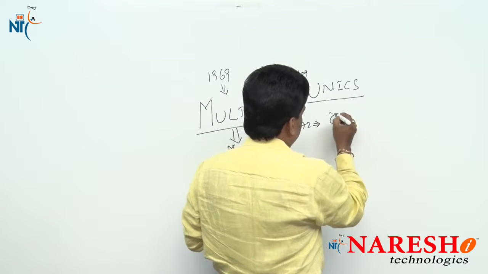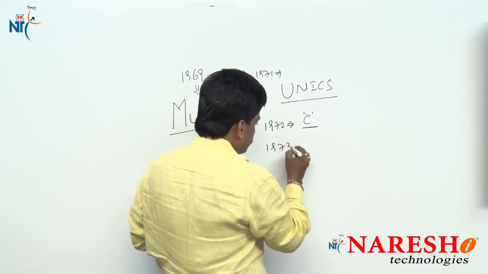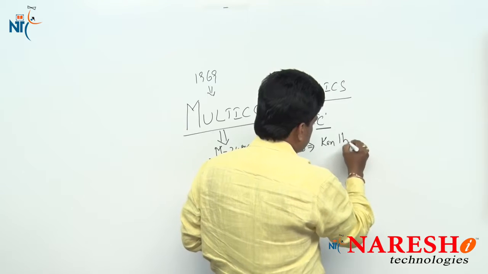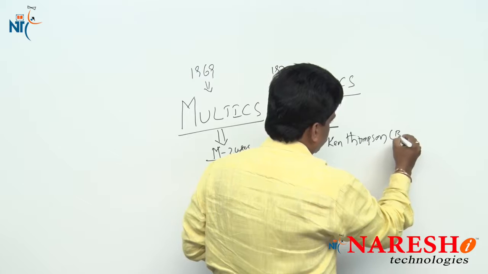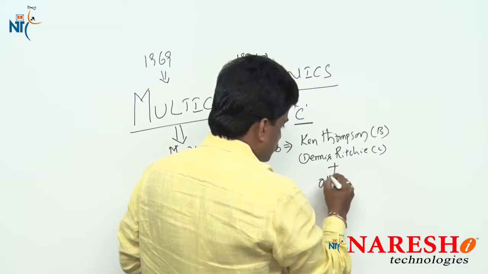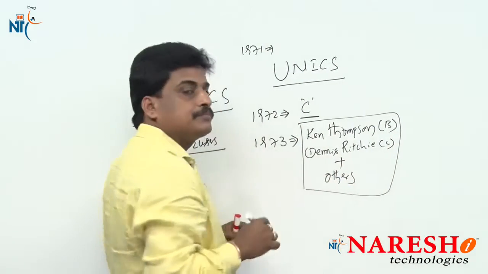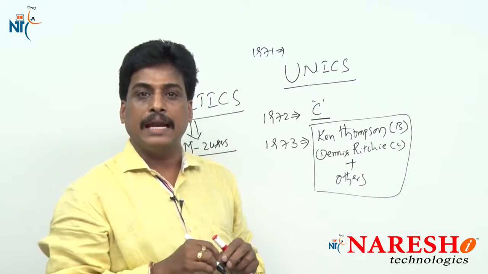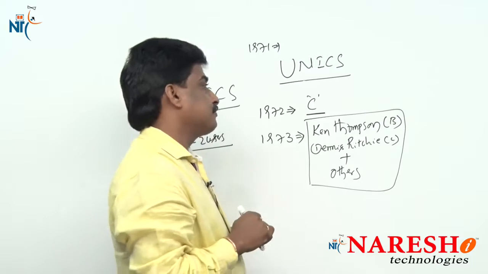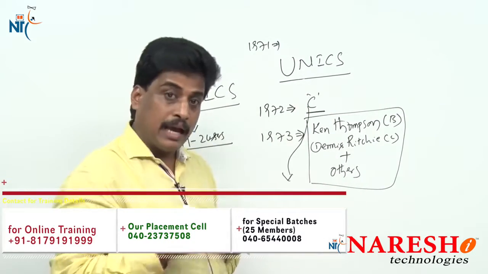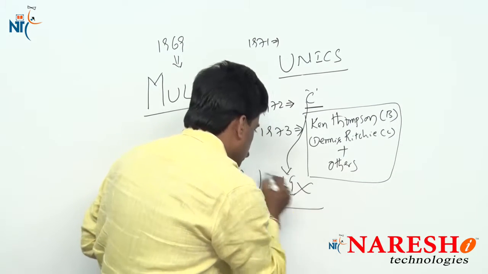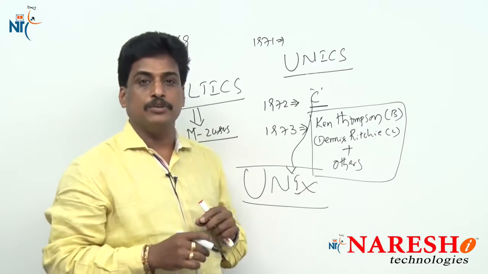Once C language was launched in 1972, in the year 1973 a group of members, like B language father Ken Thompson, C language father Dennis Ritchie, plus others in AT&T, American Telephone and Telegraph, re-implemented UNICS on the C programming language and renamed it UNIX. It is the perfect history of the UNIX operating system.